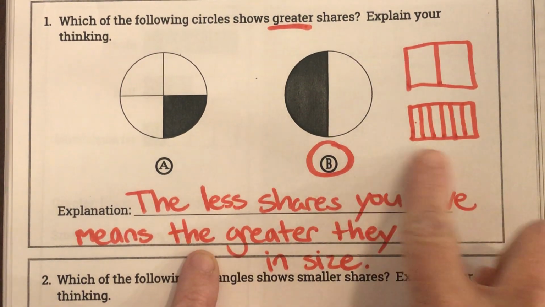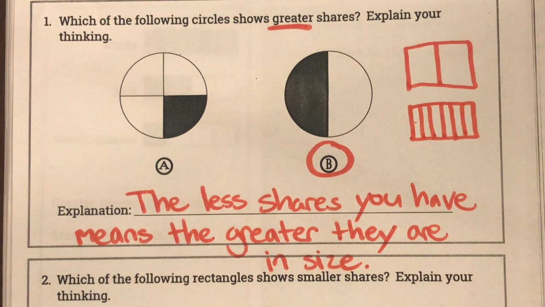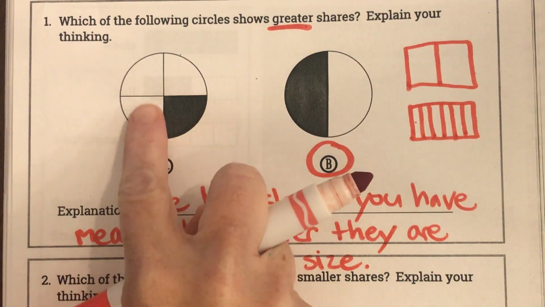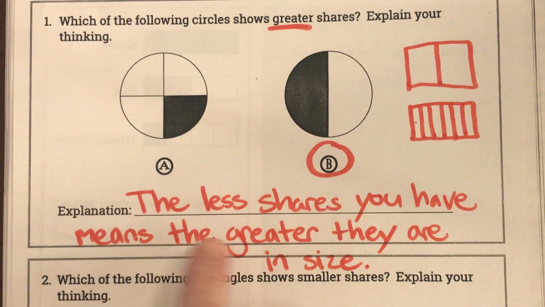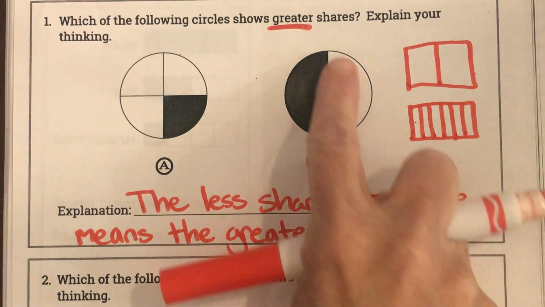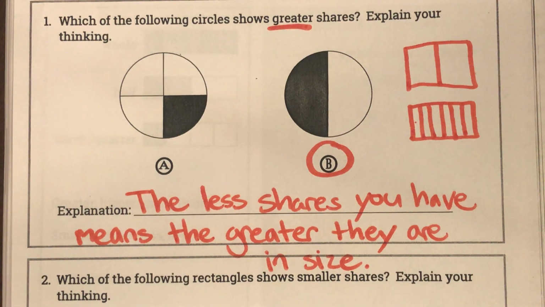If I had more shares, wouldn't that mean they're smaller in size? So the more shares you have, the smaller the size gets. Here, say it's a pepperoni pizza, I had to share it with 4 people, so they're each going to have a smaller share. But here we only had to share it with 2 people, so they're going to get a larger piece.